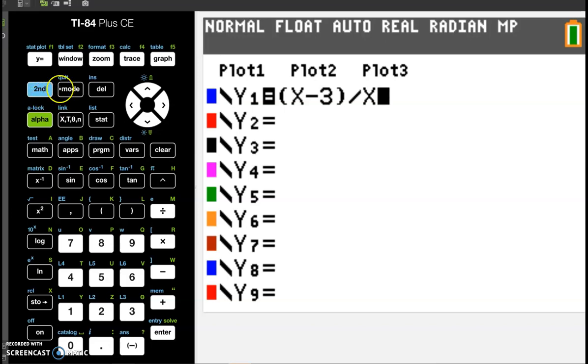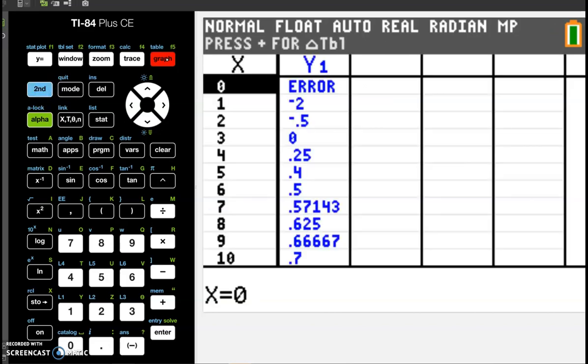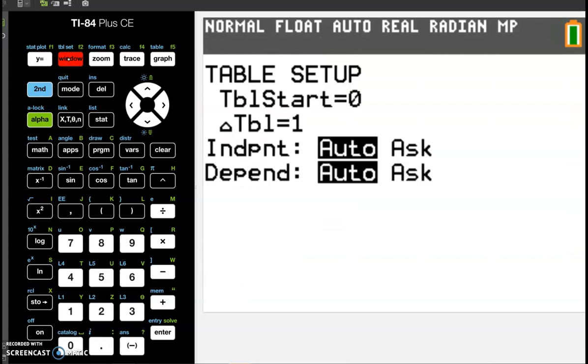Currently, my table may be set at counting by 1. Well, that's not good enough. So I could do two things with my table. Before I continue, anytime I touch a button on my calculator in this emulator, the last button I touched turns red. So I just hit the second key, and now I'm going to hit window for table set.